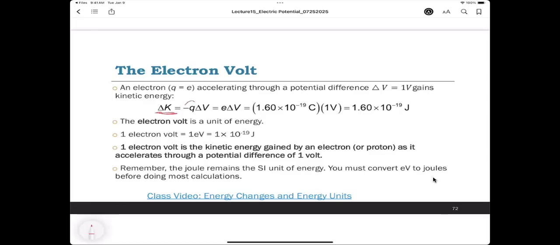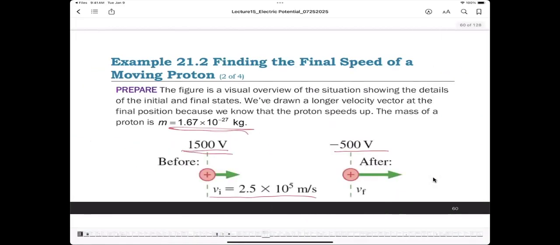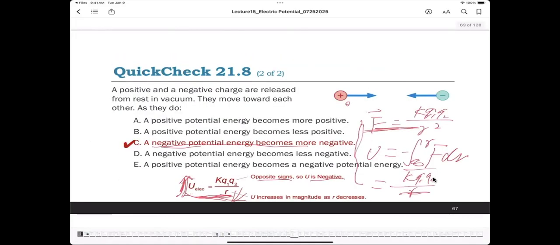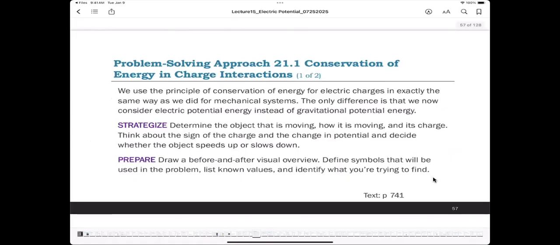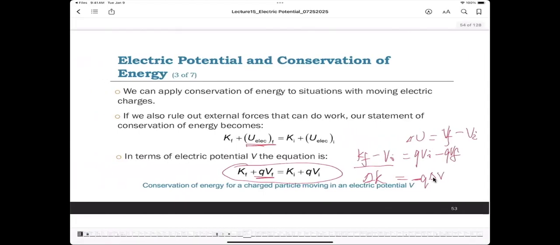This is the charge, and this is the voltage difference. So it will equal this one, because we just get this equation from this equation.